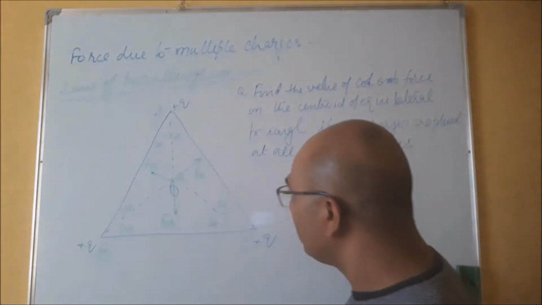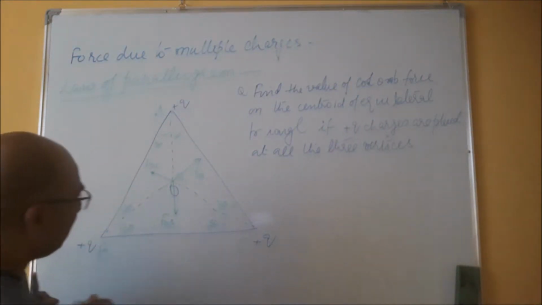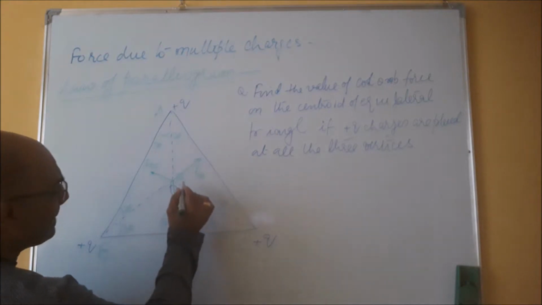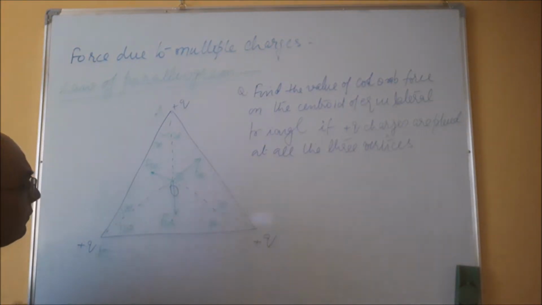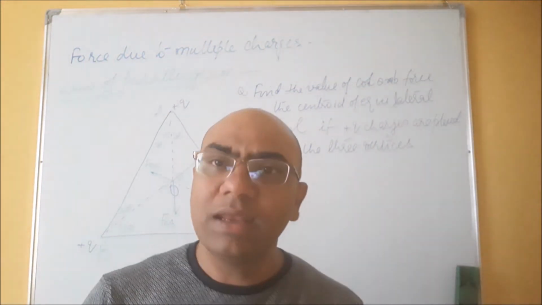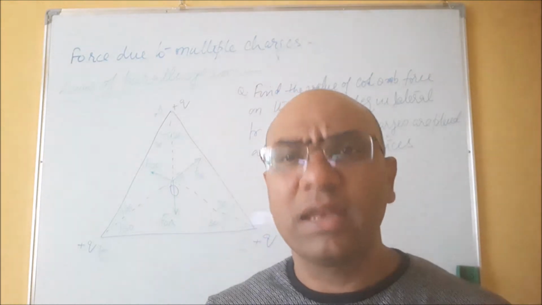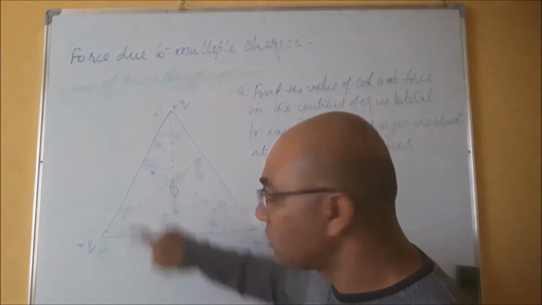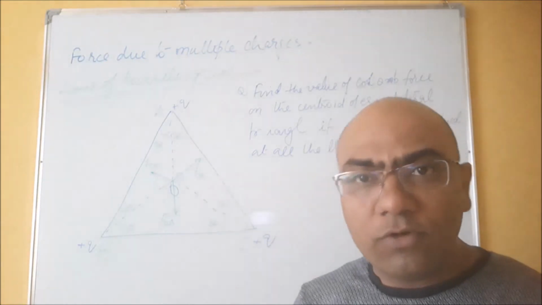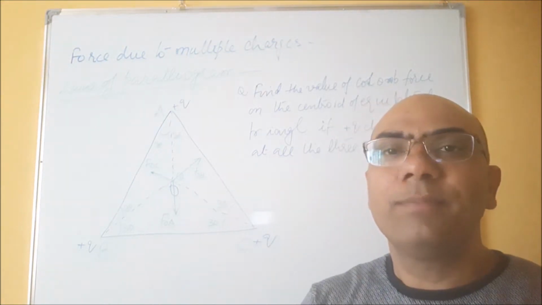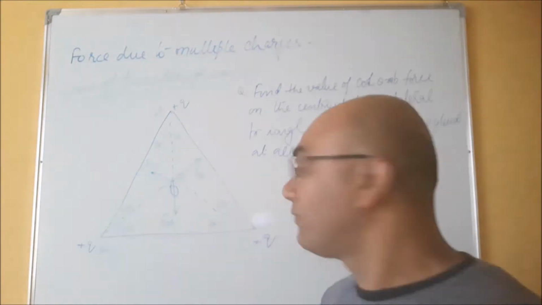Now you see, if this is 30 degree, and I take this as a reference line. I can choose any line as a reference line, this line, this line, anyone. For your better understanding, I am taking the horizontal line as a reference line.